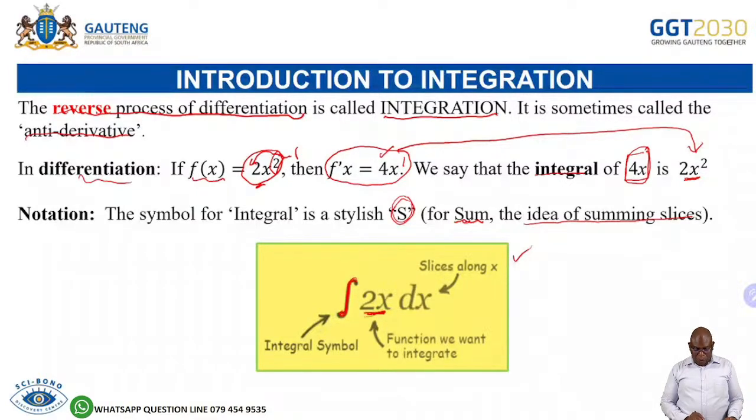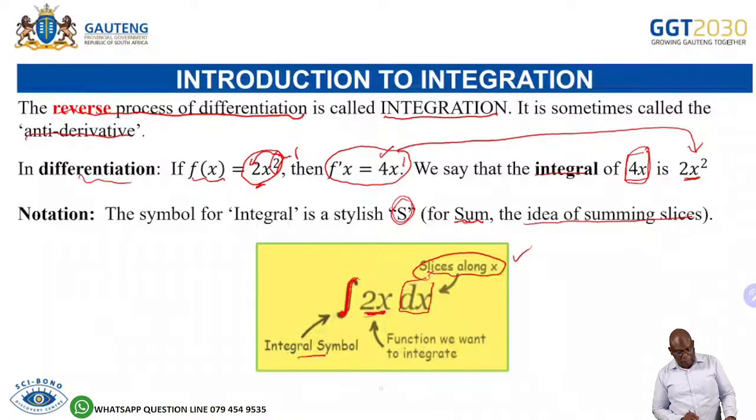This is what we are going to integrate, the function that we're going to integrate, and there we put dx, which is called the slices along the x-axis, right? And this one is an integral symbol. So we have got the function that we are going to integrate, which is the integrand. So we take this, we then have to find the integration of that 2x.